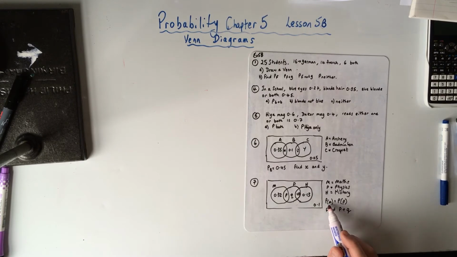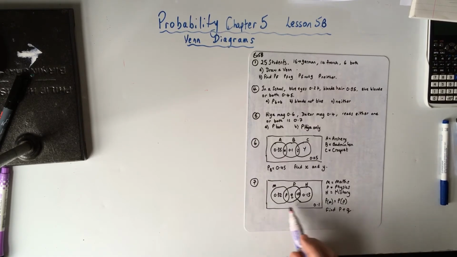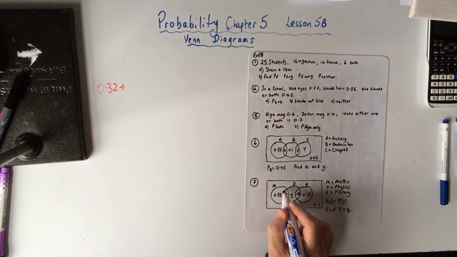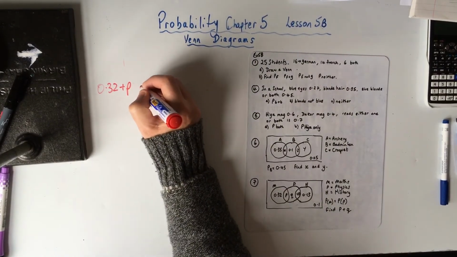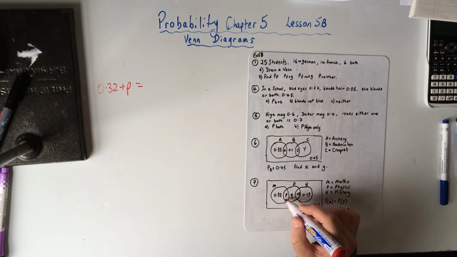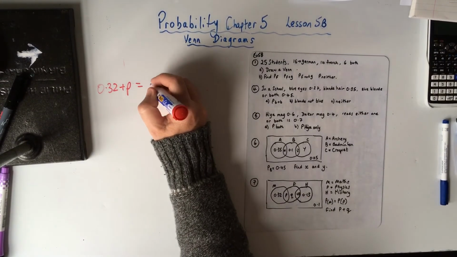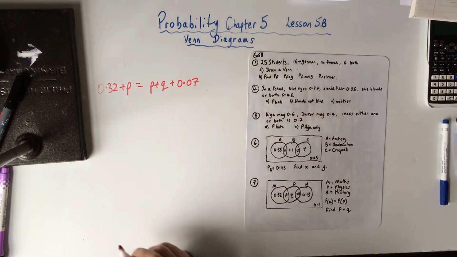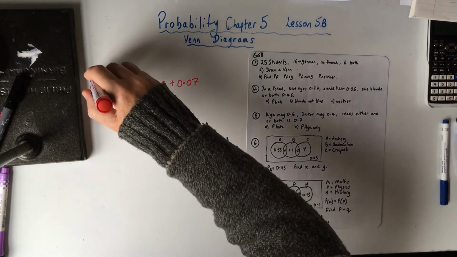It says the probability of maths is equal to the probability of physics, of choosing someone randomly that does physics. So that means that 0.32 plus p is equal to, that's the probability of choosing someone who does maths, is equal to all of that physics, which is p plus q plus 0.07. So you've got that as an equation.